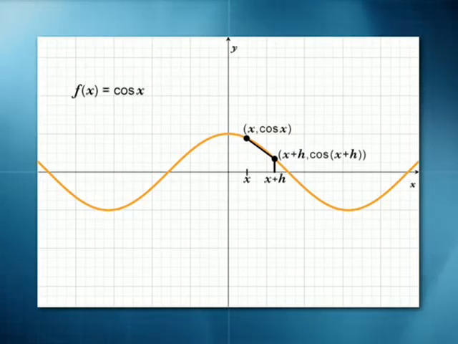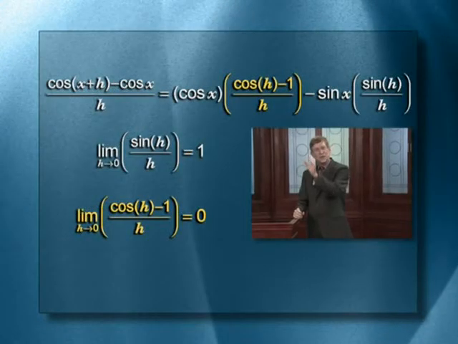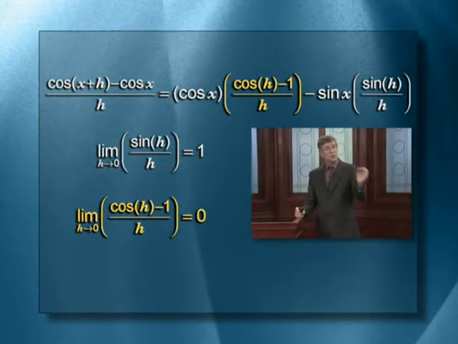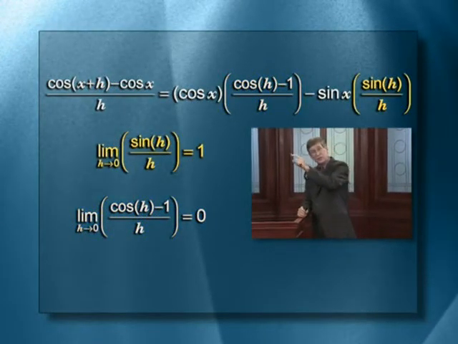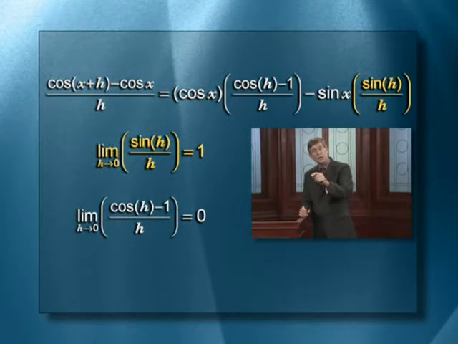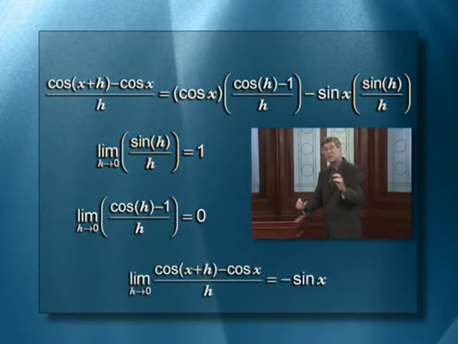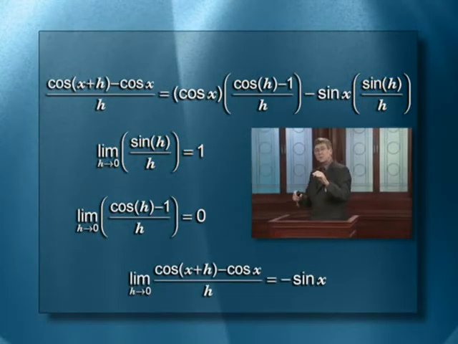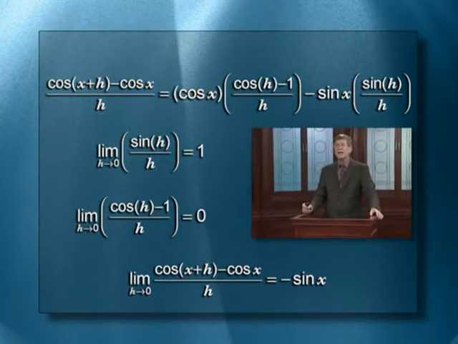That means that the line joining the 2 points is pretty much looking like the tangent line to the curve. Okay? And what is the slope of that tangent line? Well, that expression gives the slope. We notice that the first term, cosine h minus 1 over h, approaches 0, and the second term, sine h over h, approaches 1. So as we get closer and closer, this simplifies to minus sine x.